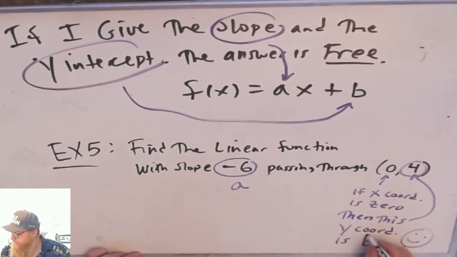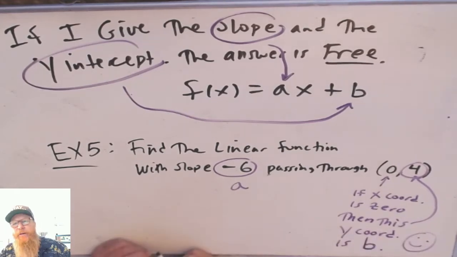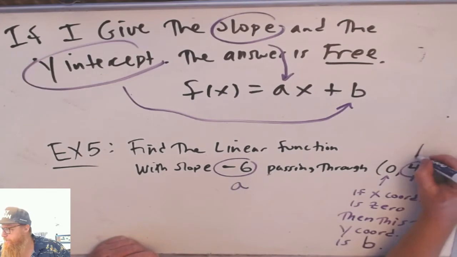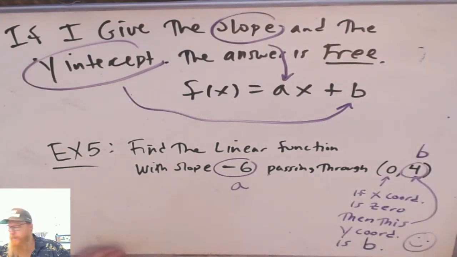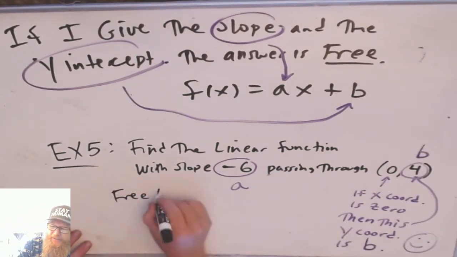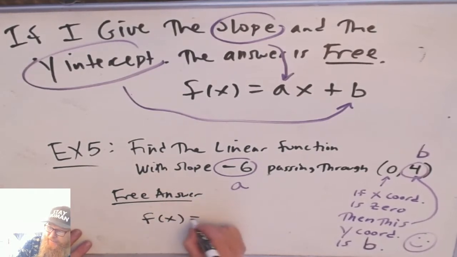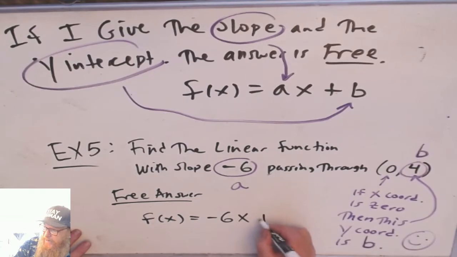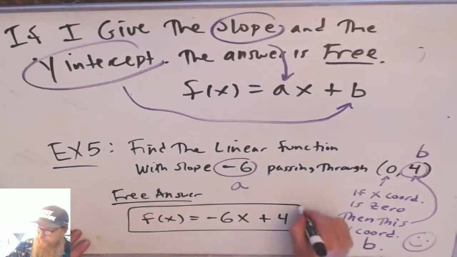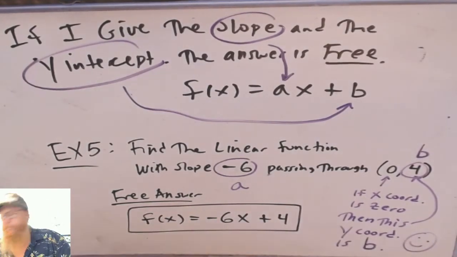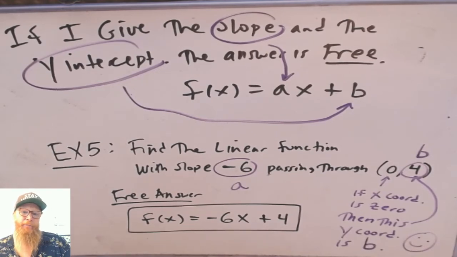I know my B's sometimes look like 6s, but I have to be very careful. That's a B. So this is B. So free answer, f of x equals -6x plus 4. Not too bad, huh?